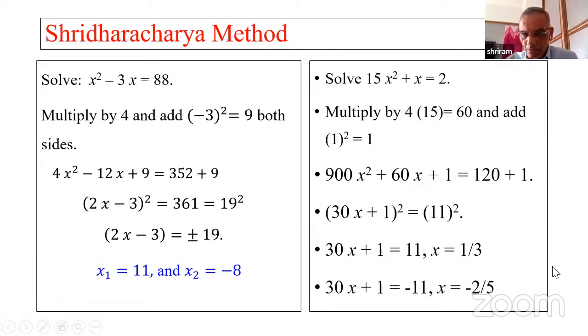And x equal to minus 2 by 3 will be the second root. Minus 2 by 5, sorry. Now I am confident that you have got control over the Sridhara method, and I'm very sure you are going to apply it in future also.